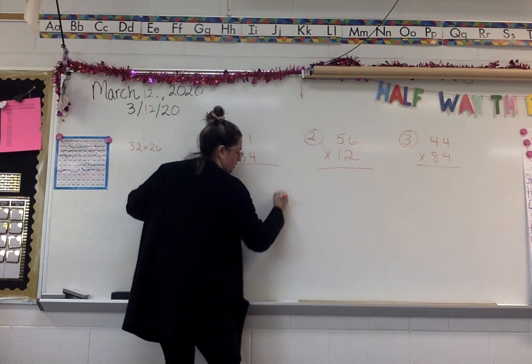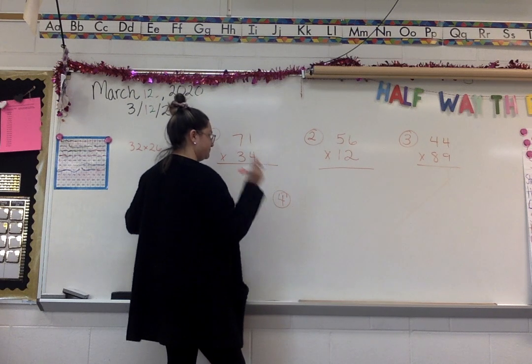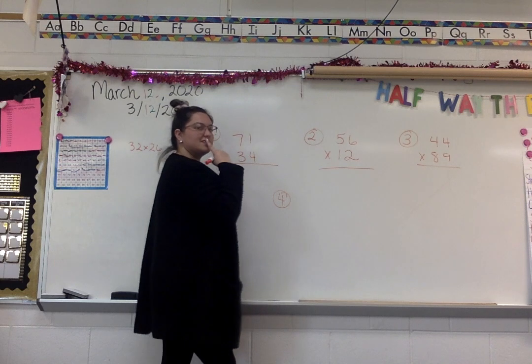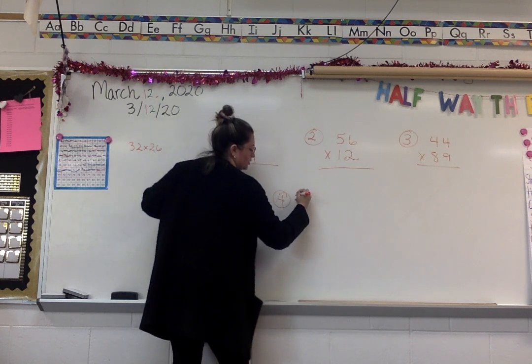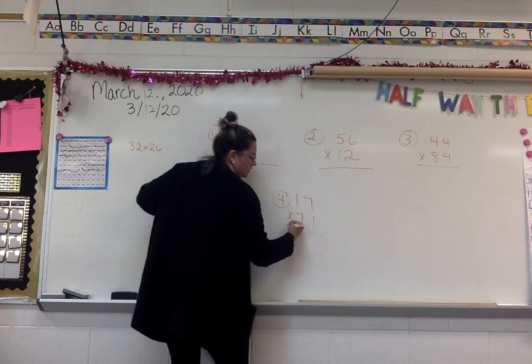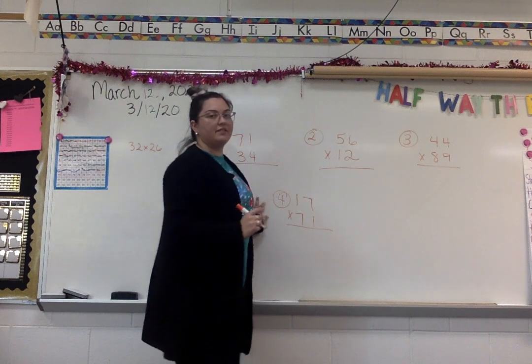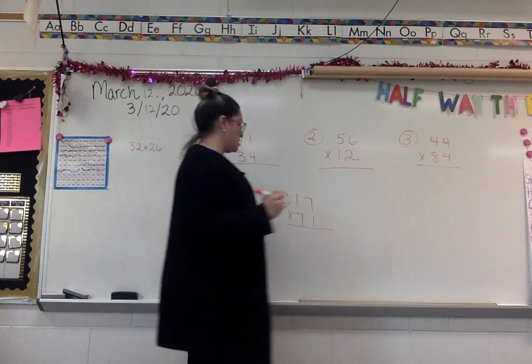Number four, let's do some sevens since you know I love those numbers. So we'll do 17 times 71. See what you get for that one. So again, that one was 17 times 71.